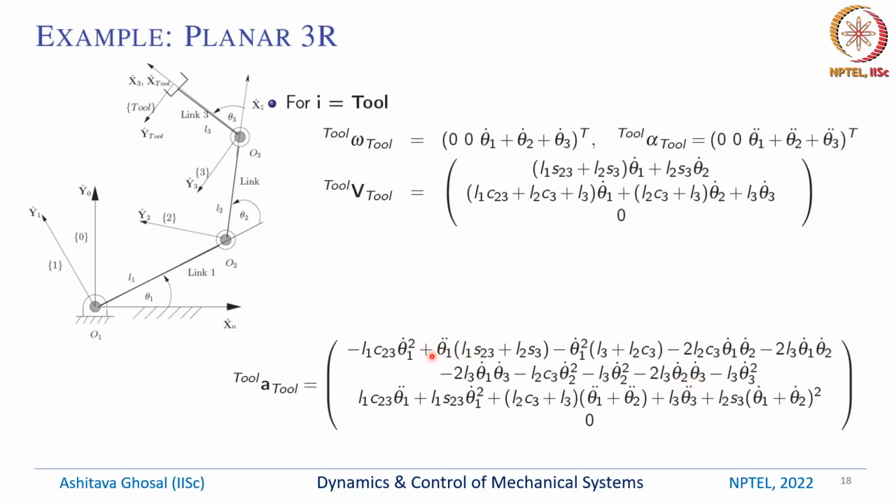So we have theta 1 double dot, then we have some theta 2 dot, theta 3 dot, which is also like a centripetal term, and then we have various other terms. So we can find these terms just by applying the expressions for propagation of acceleration.